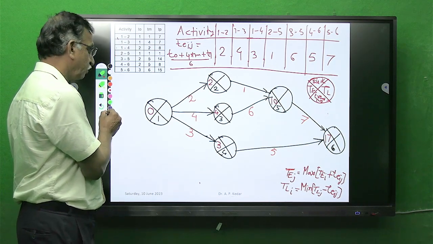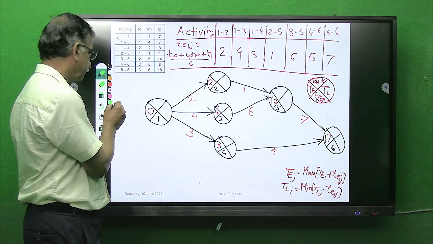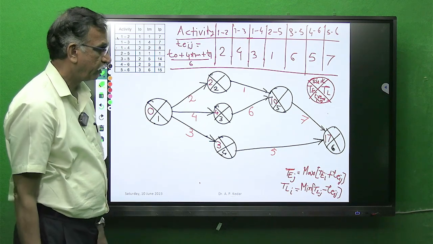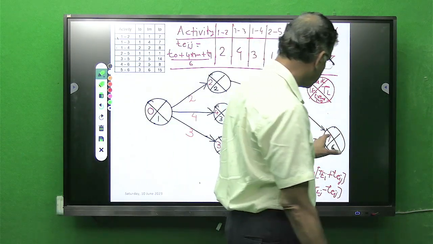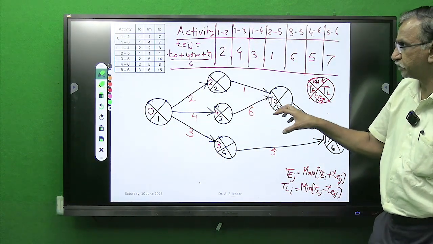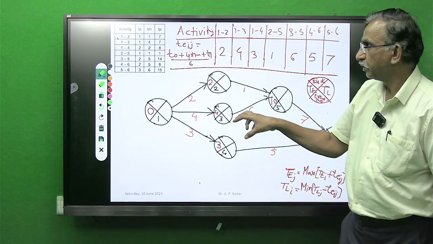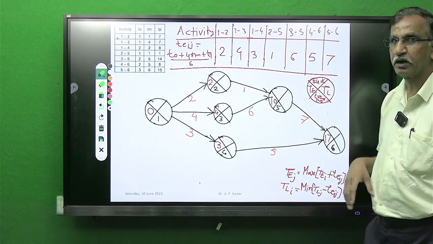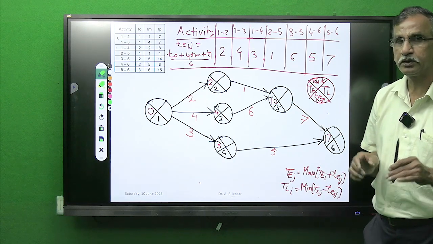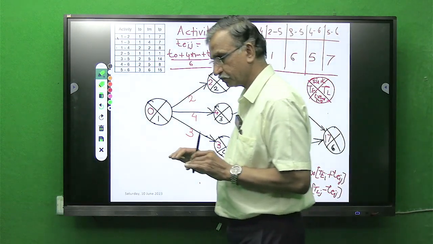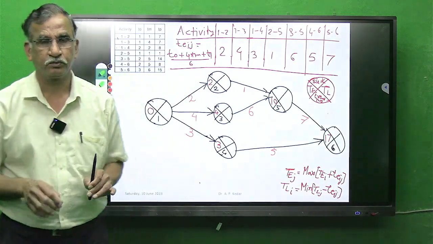Now we'll go for the backward pass. The meaning of this is that this particular project consisting of 7 activities will be completed earliest in 17 weeks. That is the inference right now.